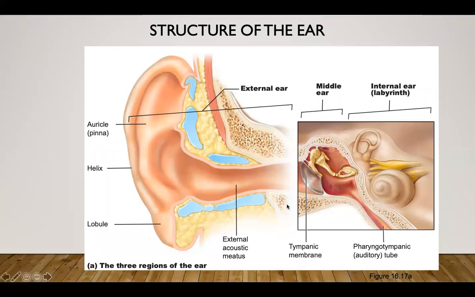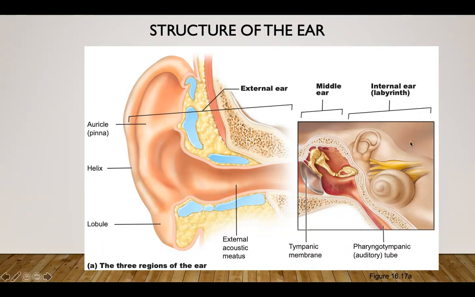The external ear is separated from your middle ear by this flattened funnel-shaped structure called the tympanic membrane, better known as the eardrum. Your middle ear is mostly made up of three bones. These are the smallest bones you have in your body, called ossicles, with the goal of transferring the vibrations of the sound from the external ear into the internal ear.